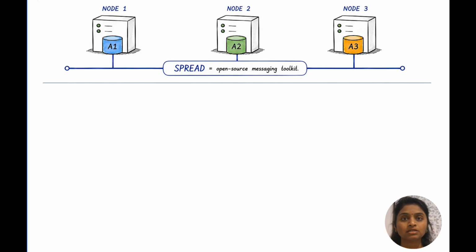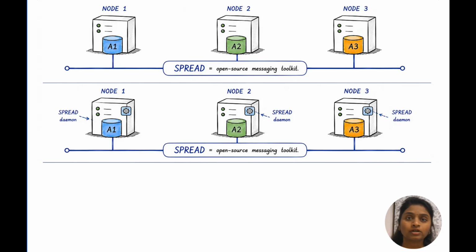So the reliable messaging that keeps your cluster in sync runs as a daemon, a small background process on each node. Node 1, node 2, node 3, everyone runs its own spread daemon. Together, those daemons form the messaging fabric. When a node needs to send a message or find out that another node has just dropped, the daemon is what sends and receives the signal across the spread bus.